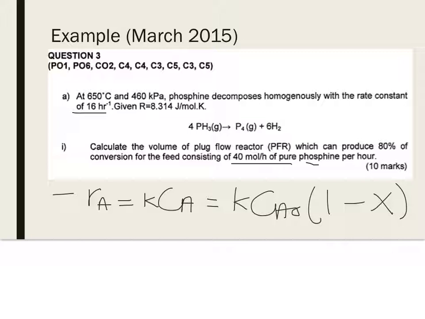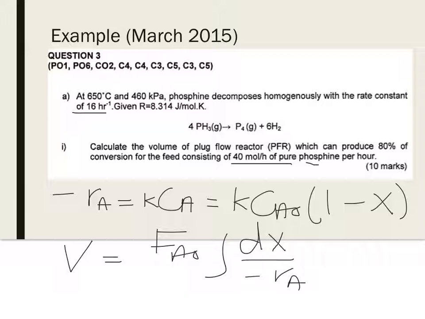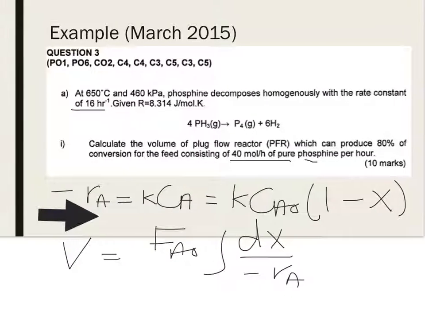And the design equation as we derived previously for PFR is V equals FA naught integral of dx over negative RA. So we insert everything into this equation.